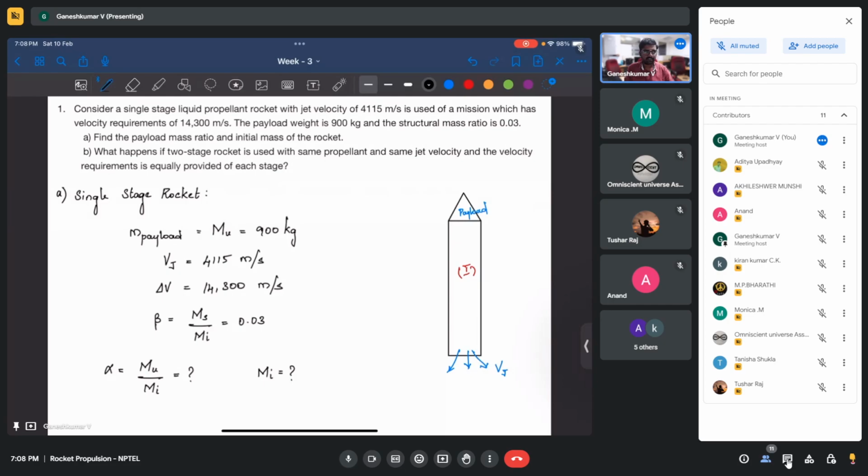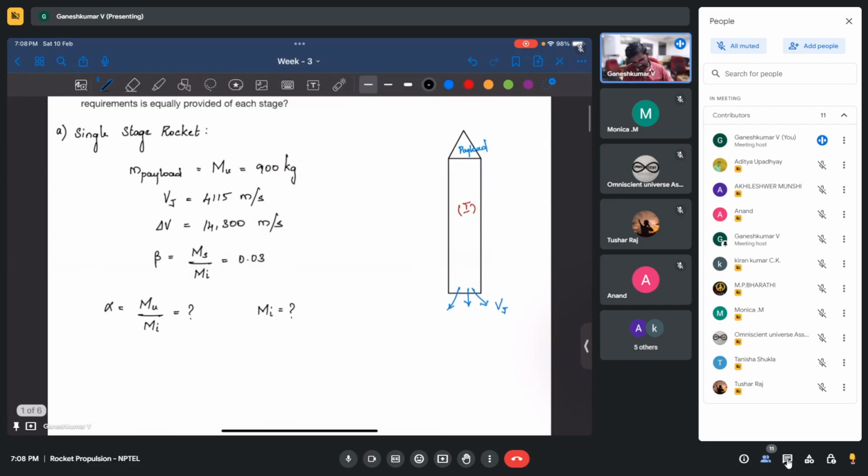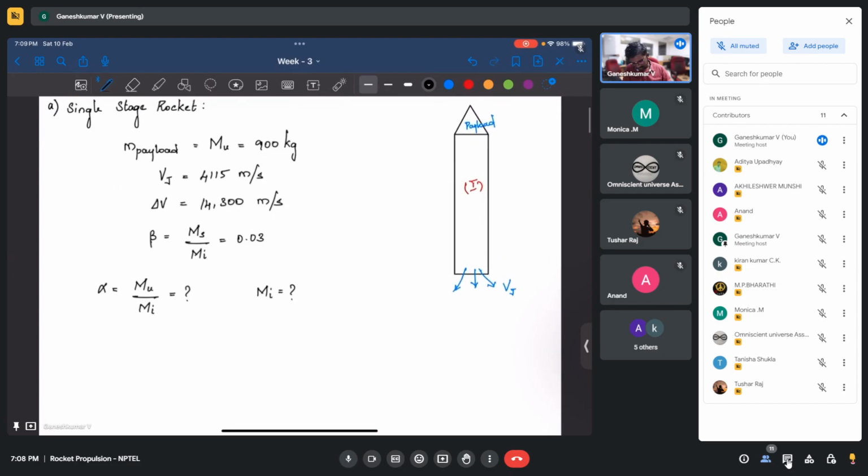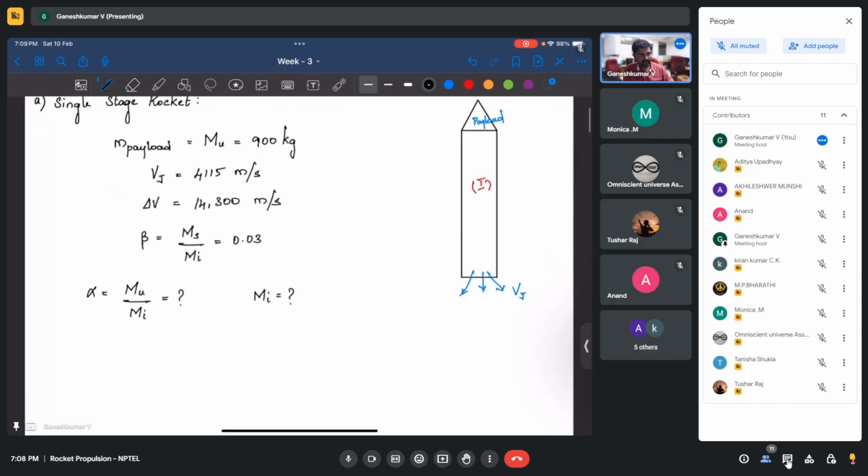Basically we have a single stage liquid propellant rocket, and the jet velocity is given, delta V is given, and structural mass ratio is given. We are asked to find the payload mass ratio and initial mass of the rocket, which you guys know better. So you can tell me how to solve this. How can we solve this?